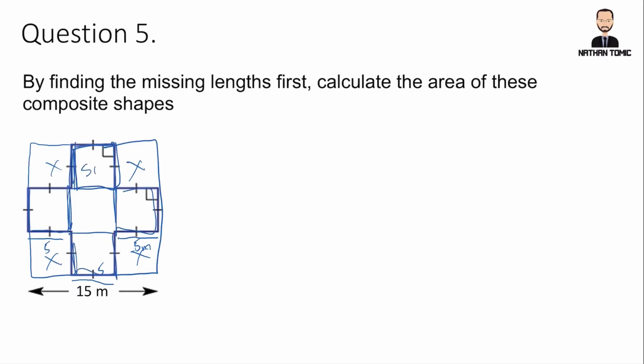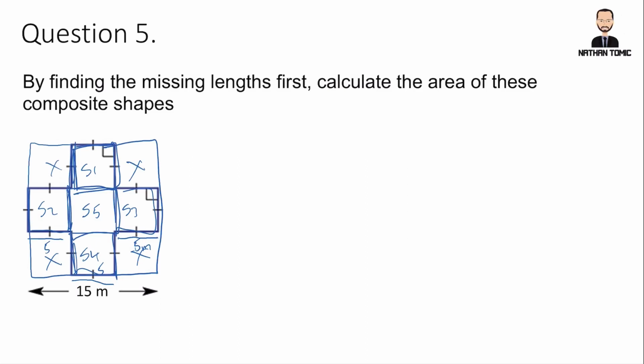So square 1, square 2, square 3, square 4. But there'll also be this square in the middle, which we'll call square 5. So we could work out what one square is, and because we know they're all the same, we could multiply that by 5. Both of those would be correct, but I'm going to go with option 2 because I think that's going to be a little bit quicker.